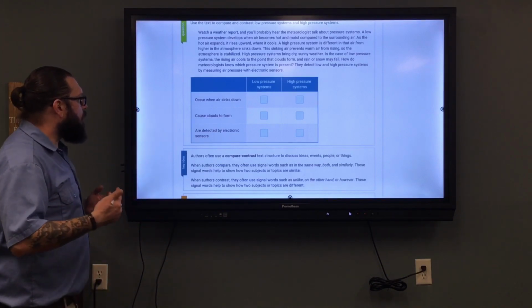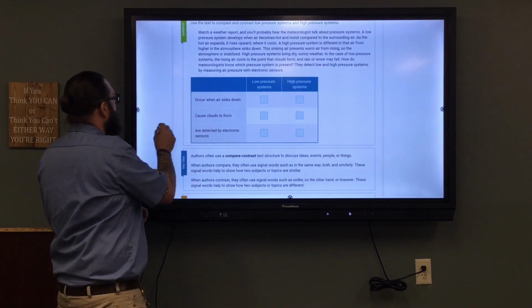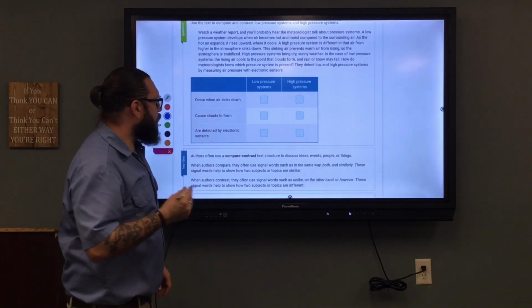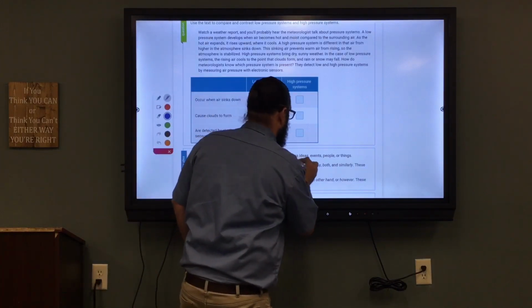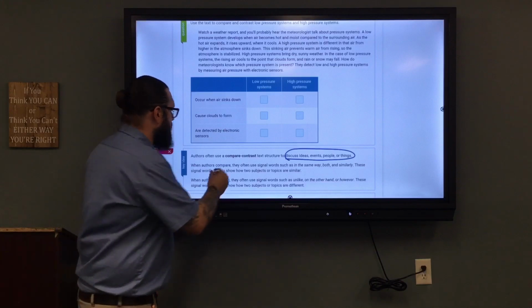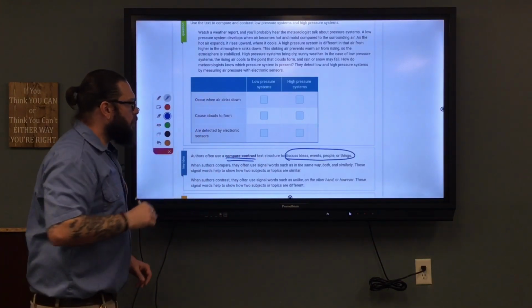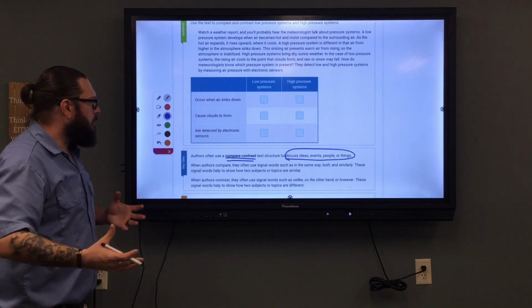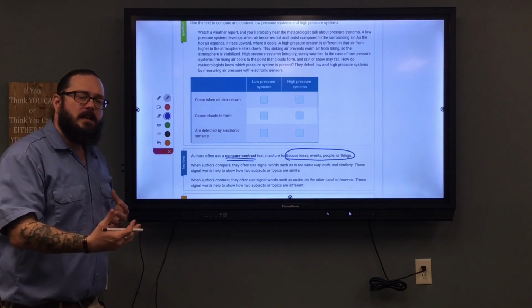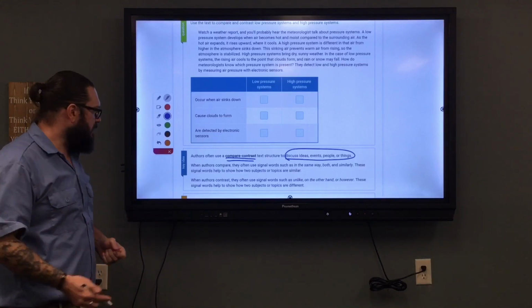Authors will often use compare and contrast to discuss ideas, events, people, or things. The reason that an author will do this is because they are trying to make a point by looking at comparisons and contrasting different ideas or people or things.